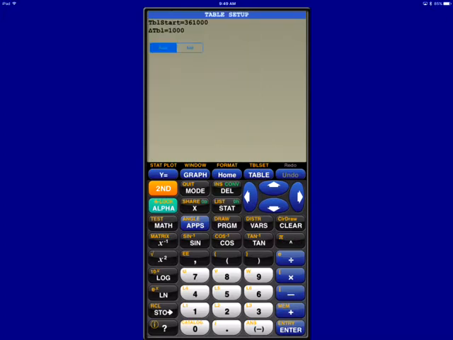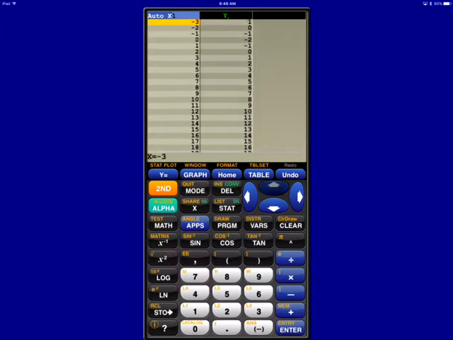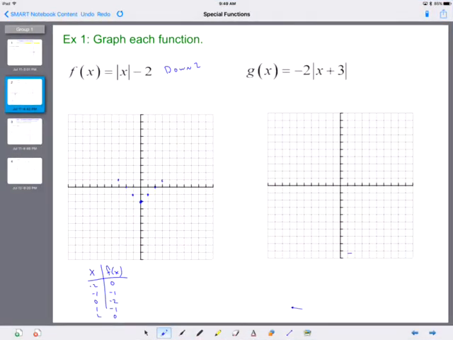Now this table on my calculator for some reason is starting really high, so I'm going to change it, and if you need help on yours, let me know. So now you can see some better values there, and you can plot all those on your graph. Don't necessarily need all of them. So here is the graph of the absolute value of x minus 2.